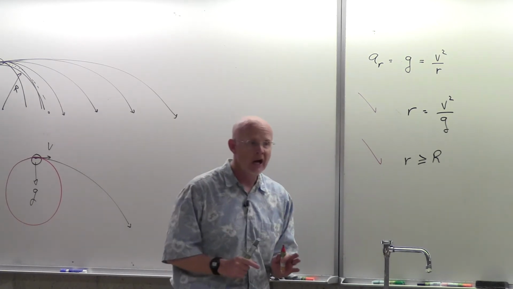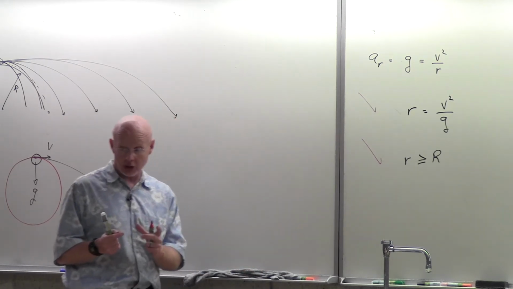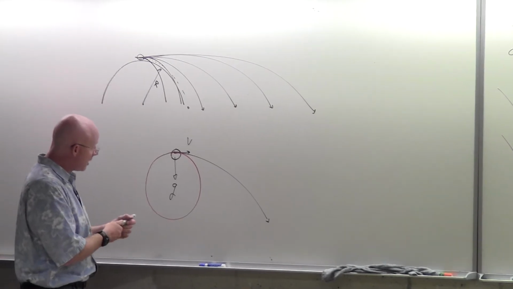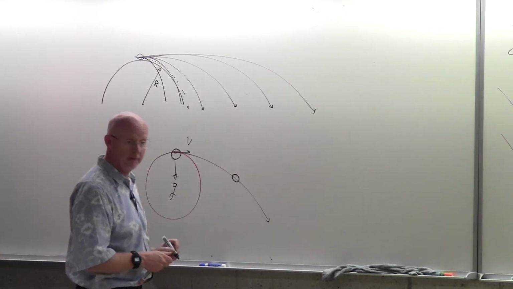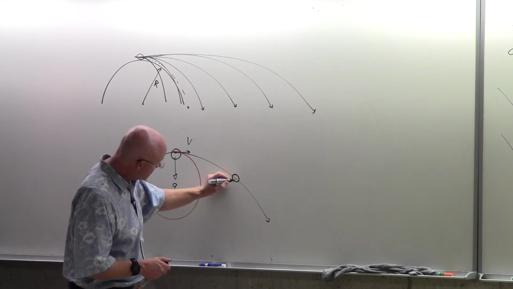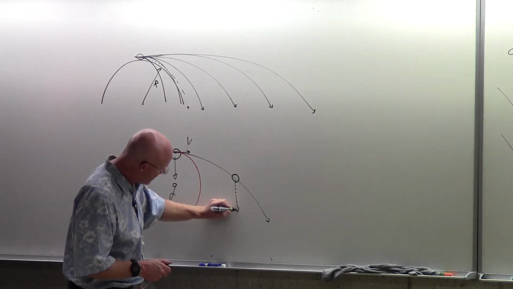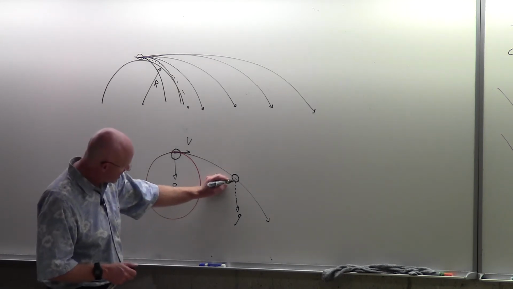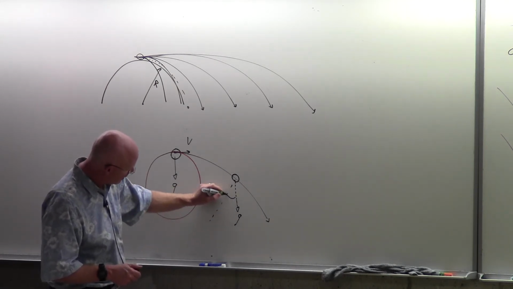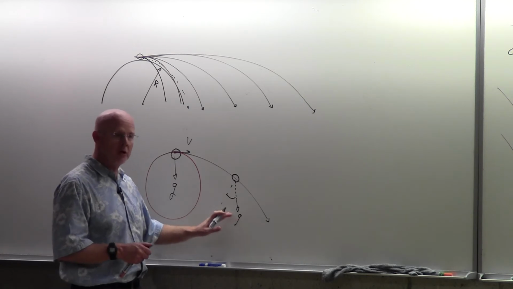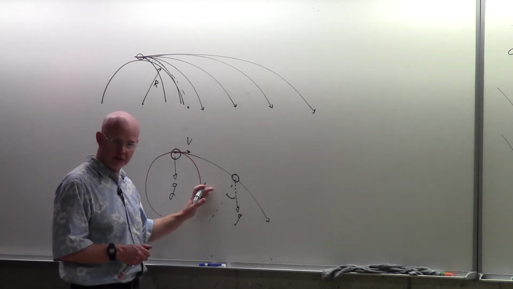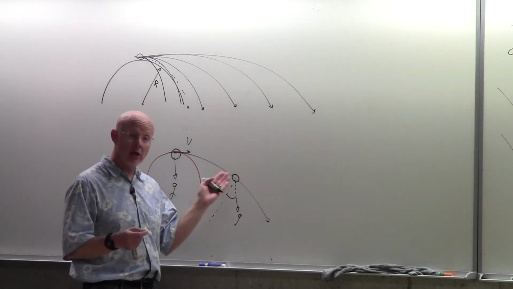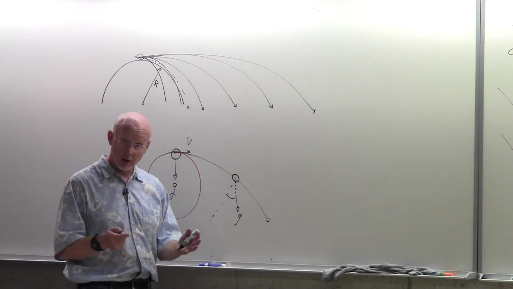Now don't get me wrong, the ball when it's kicked does not go in a circle. In fact, maybe you can see that later on when the ball gets, say, right here. The acceleration due to gravity is still g down. But the center of the circle is here, so only a component of gravity is towards the center of the circle. So that means the radial acceleration is less, and that means the radius of curvature is more.